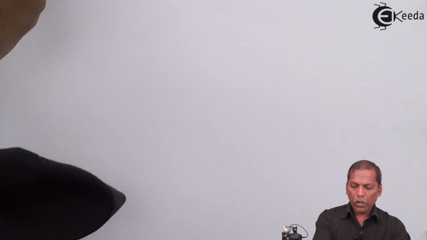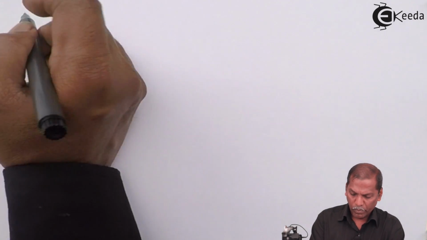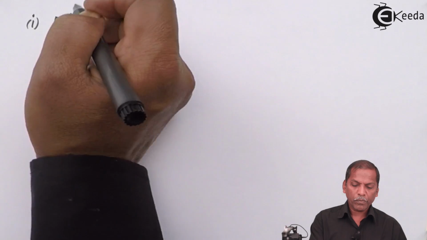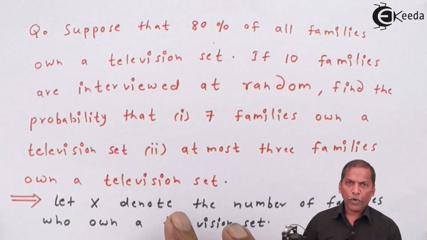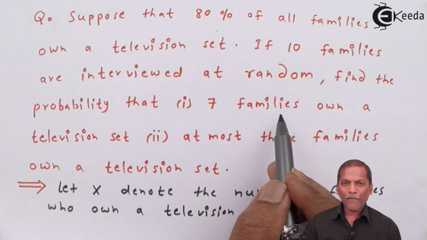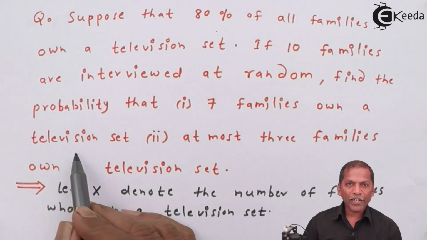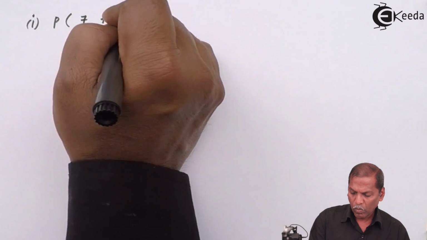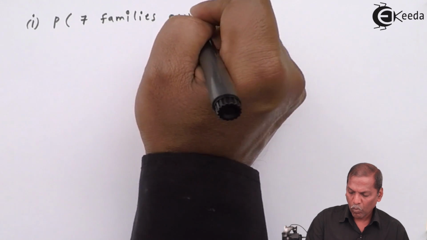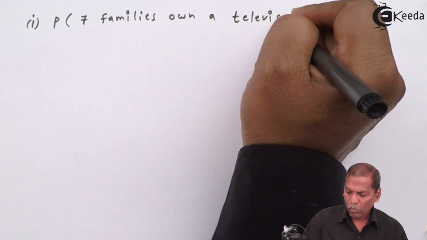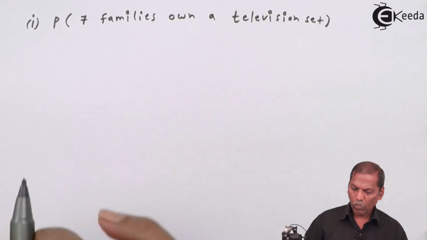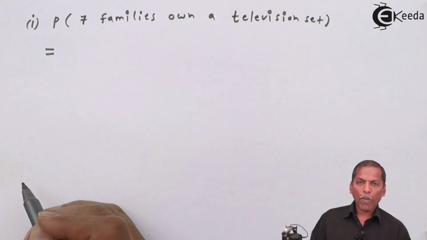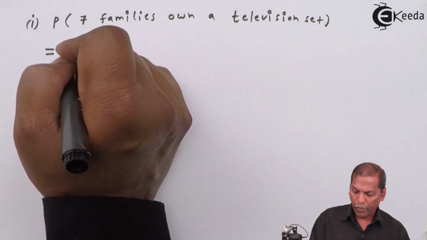Now we go for question 1. Probability that 7 families own a television set, so that is equal to probability X equal to 7.